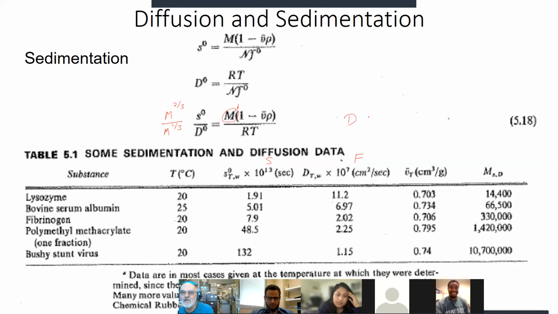D goes as M to the -1/3 power. Yeah, and that way, when it comes up, it will be an addition, and S on D will then be M. Thank you. Yeah. Okay.